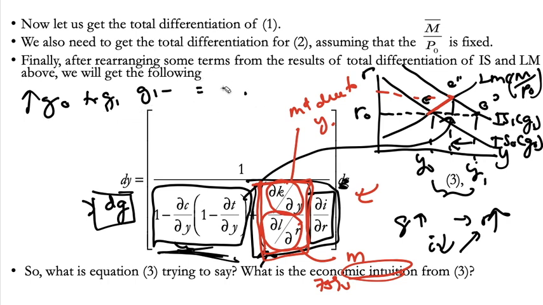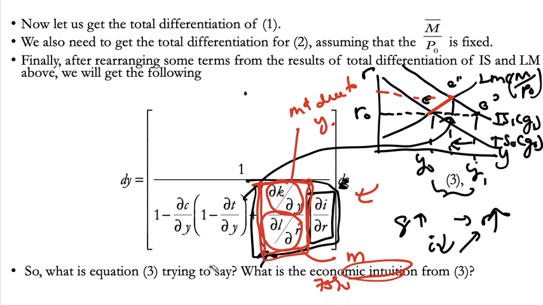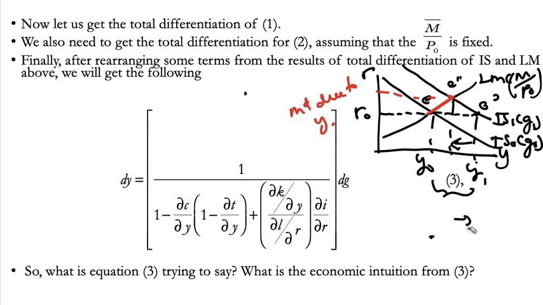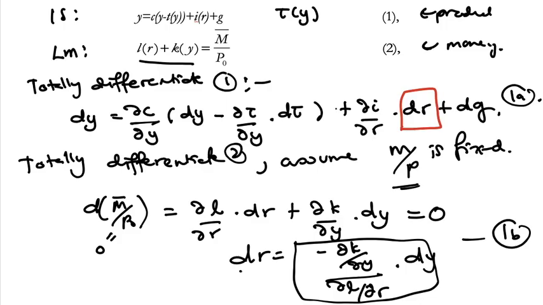So here, if we don't incorporate interest rate, then there is no change in interest rate. Interest rate will be maintained at R0, like what we did for the previous chapter. If interest rate is maintained at R0, then DR is 0. Go back to this. When DR is 0, the whole thing here is 0.